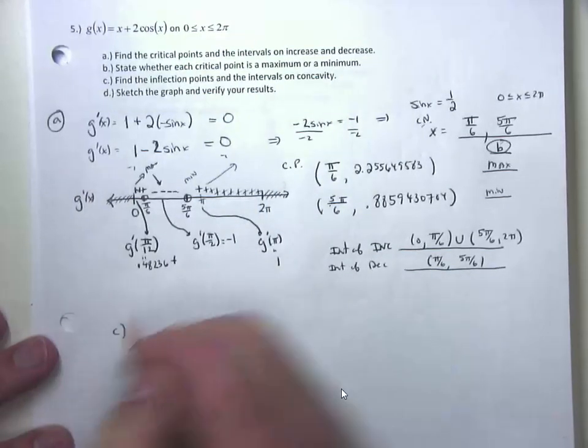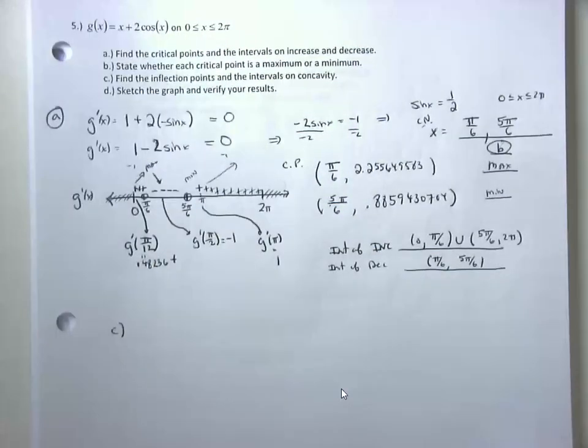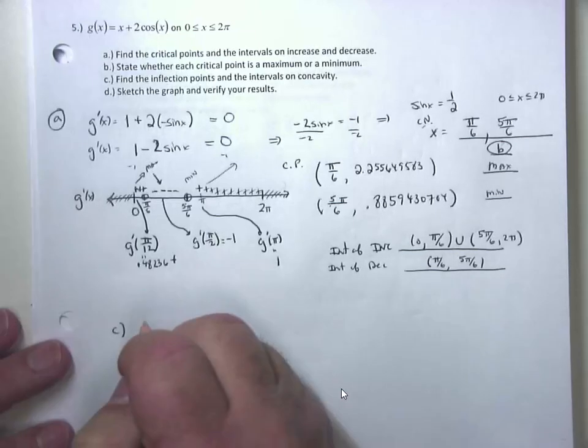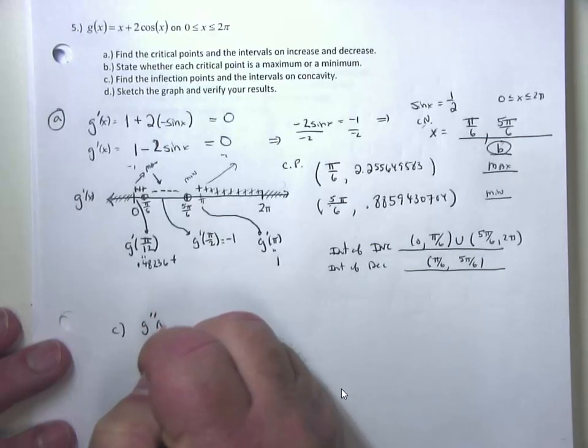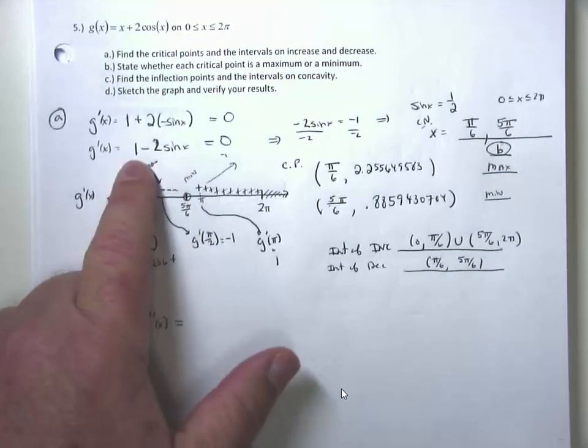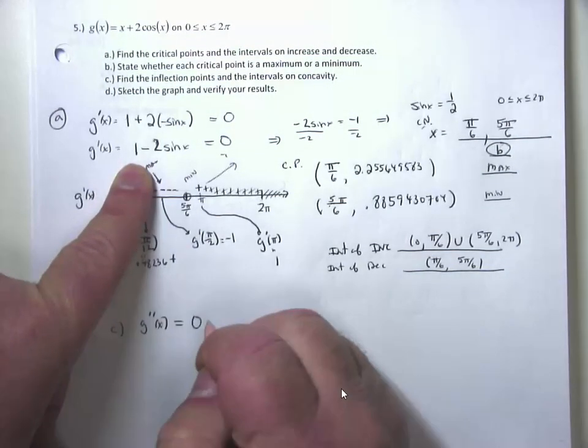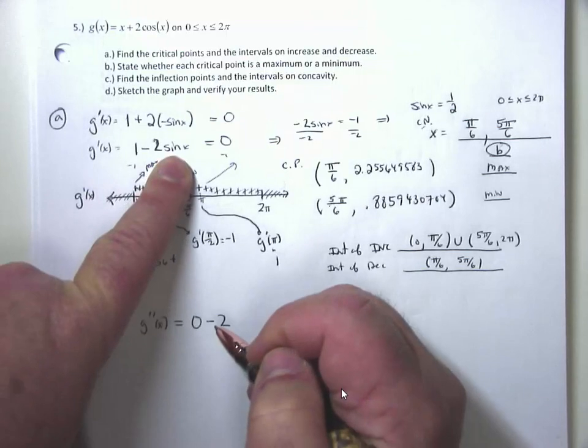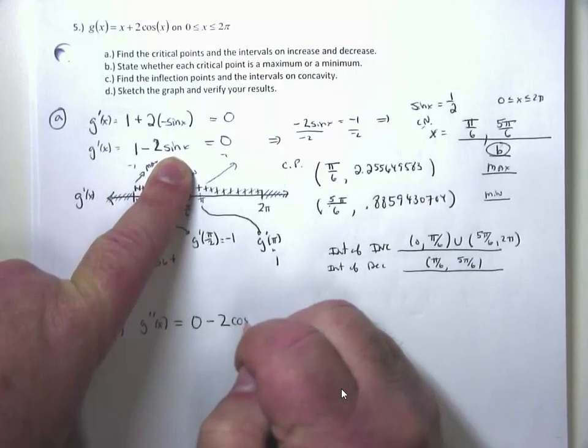Part C, however, asks you to find inflection points. To find an inflection point, I got to take the second derivative, set it equal to 0 and solve. Well, the first derivative is 1 minus 2 sine of x. Derivative of 1 is 0, minus 2 times the derivative of sine of x, which is cosine of x.